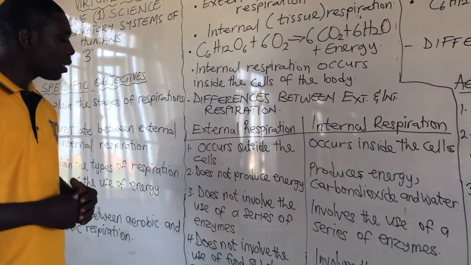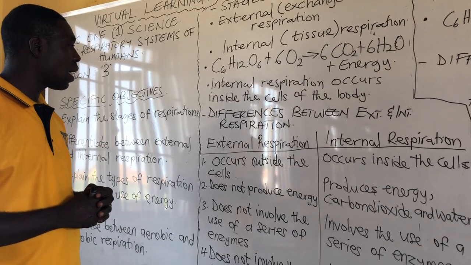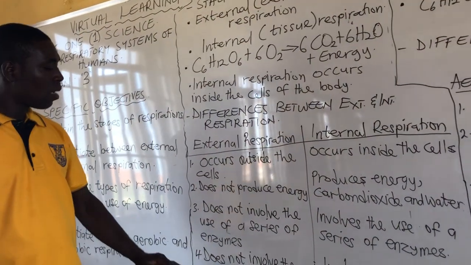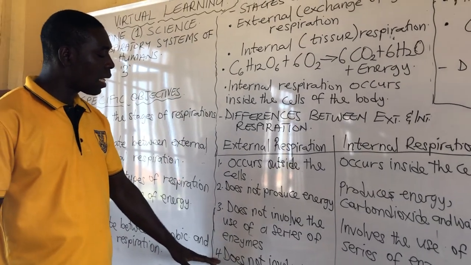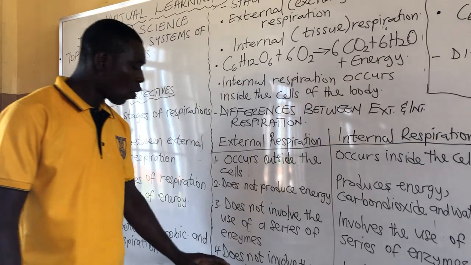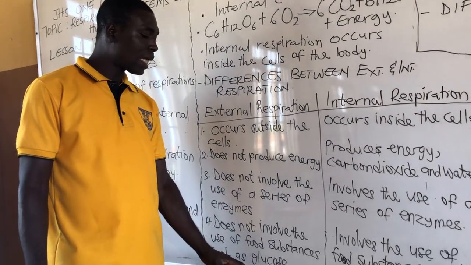Now the fourth difference between the external respiration and the internal respiration is that the external respiration does not involve the use of food substances such as glucose or starchy foods.